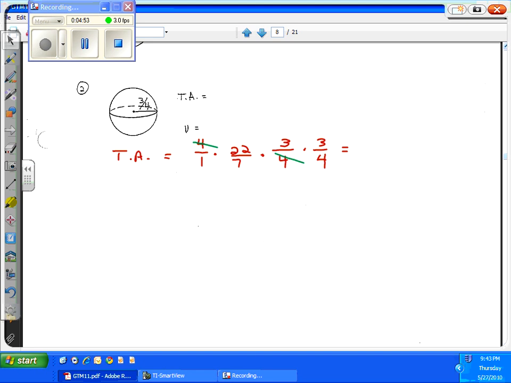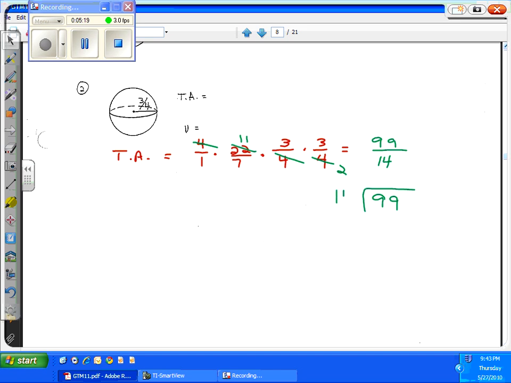That 4 cancels that 4. 2 goes into this 4 twice, into 22 eleven times. We can multiply what's left. 11 times 3 is 33 times 3 is 99. On bottom, we have a 7 and a 2. 7 times 2 is 14. So we have 99 over 14.